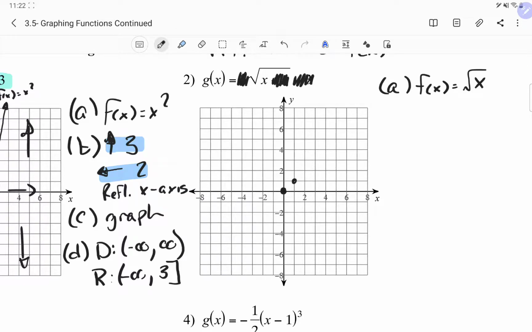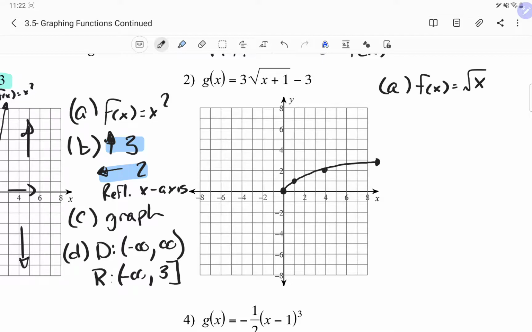It's going to go through 1, 1. The next point that you're going to need to identify is, let's see, if I took the square root of 2, we get an irrational. Square root of 3 is irrational, but square root of 4 is 2. And then we could go all the way to square root of 9, which would be 3, and so forth. But it's just going to be this top half. So remember that there will be no negative values, at least in the parent function.